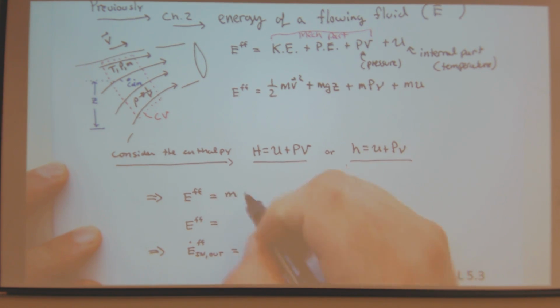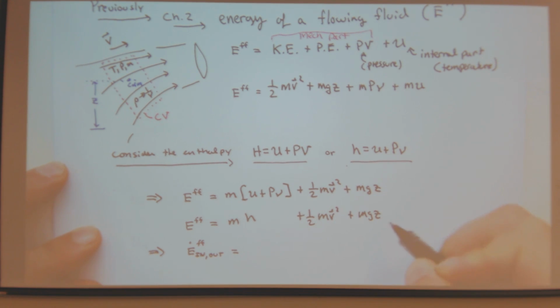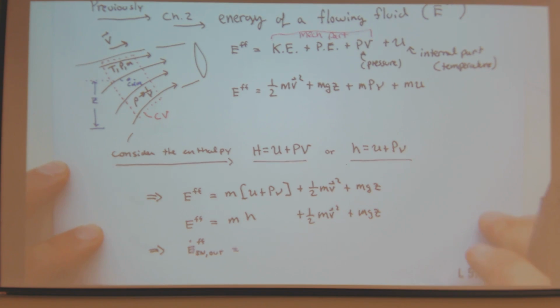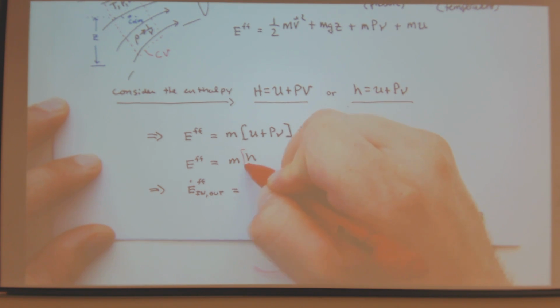So now I got M times (U plus PV) plus 1/2 M V squared plus MGZ. So I got M H plus 1/2 M V squared plus MGZ. I'll just put brackets around this.